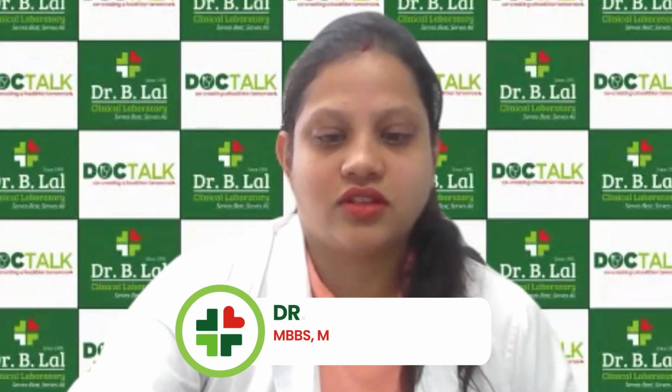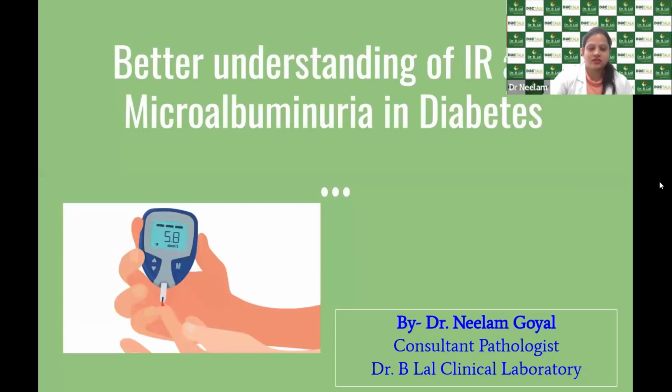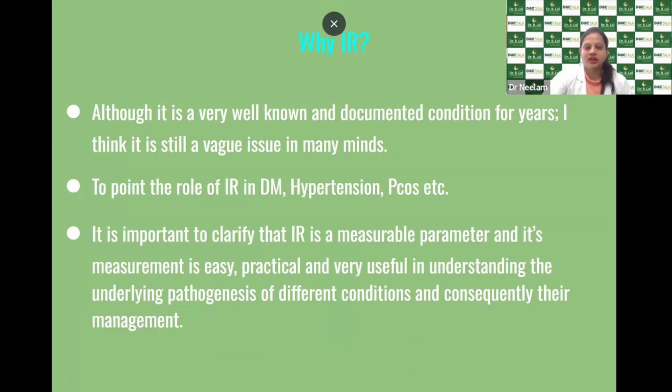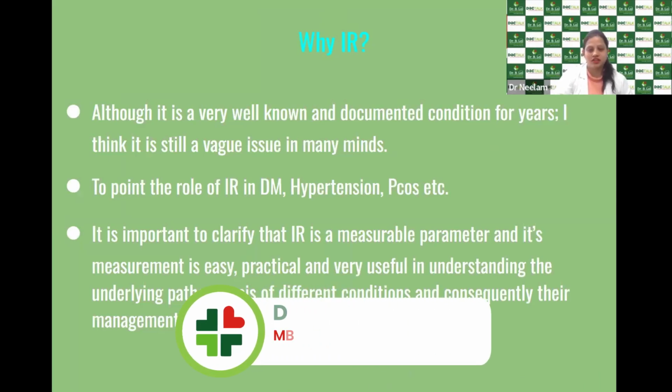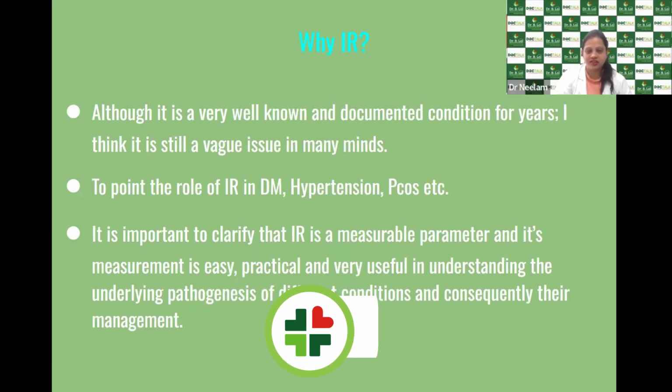So, we are here to discuss the topic of better understanding of insulin resistance and microalbuminuria in the diabetes patient. Although it is a very well known and documented condition for years, I think it's still a vague issue in many minds.